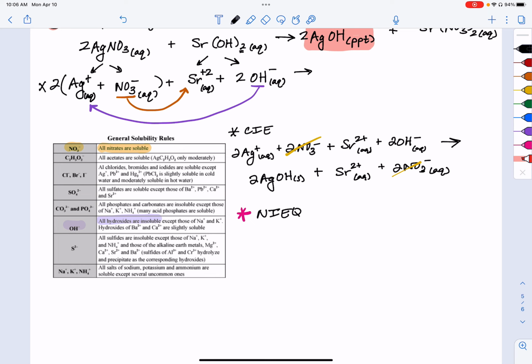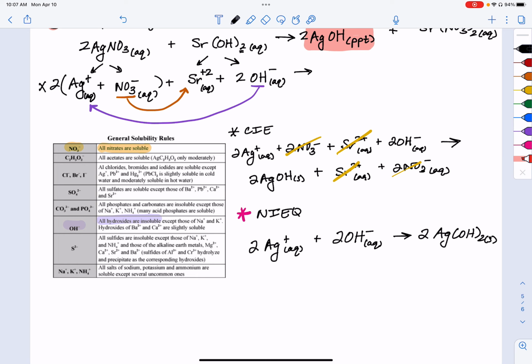And then I also seem to have my strontium cation as a spectator. It was just in solution before and it was in solution after, meaning that my net ionic equation is going to be 2 silver ions coming together with 2 hydroxide ions to form 2 silver hydroxide products.